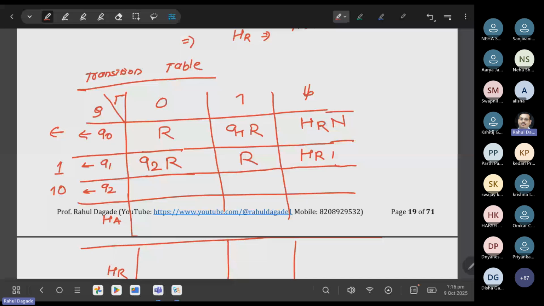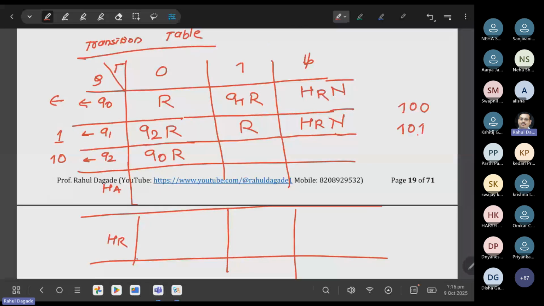In Q2 state, after 1 0, if I get 0, then I'll come to Q0 state, move to the right. And after 1 0, if I get 1, I'll come to the Q1 state, move to the right.